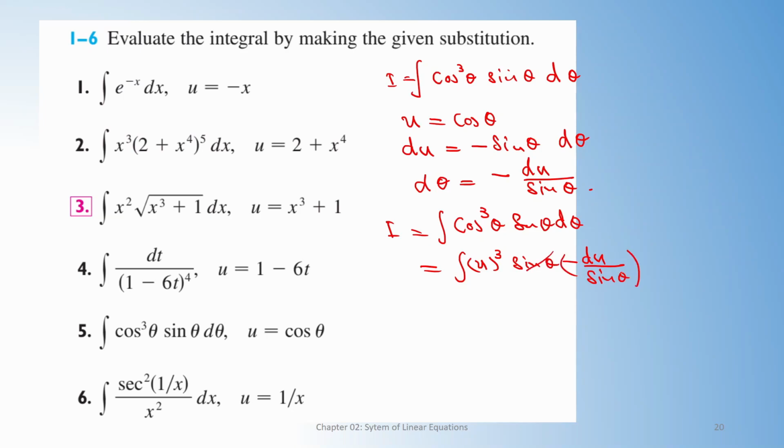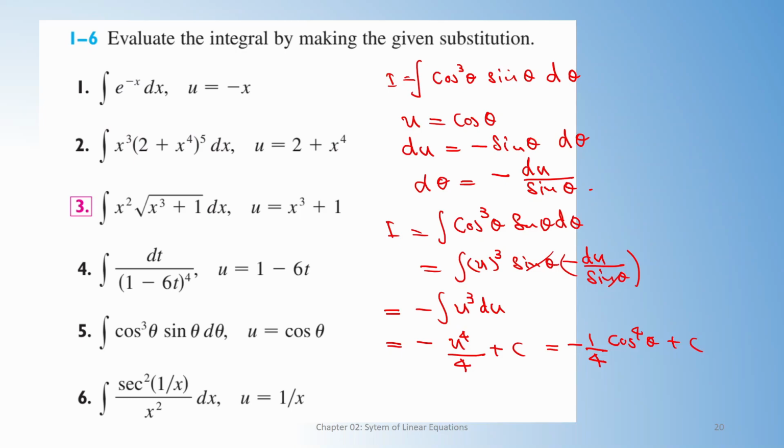So sine theta is cancelled, and we have minus u to the power 3 du, which is minus u to the power 3 plus 1, which is 4, plus integral constant. Replace u as cos theta. So that's the answer for question number 5.